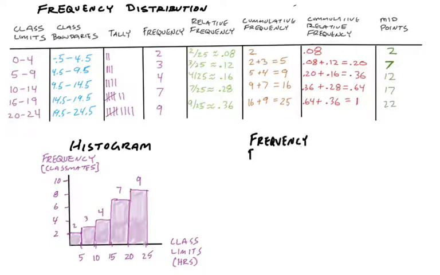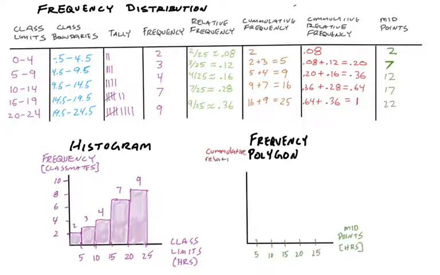Okay. Let's start a frequency polygon here. So this time we're going to use midpoints and the cumulative relative frequency. And the cumulative relative frequency, we know at max is going to be 1, so we're going to label that there. And the midpoints on the x-axis, we could label the midpoints, but again, the idea is to have a nice clean graph.